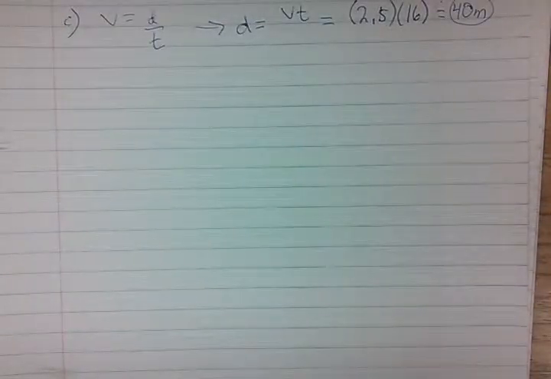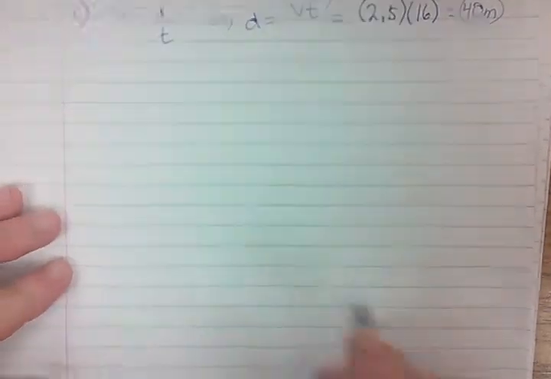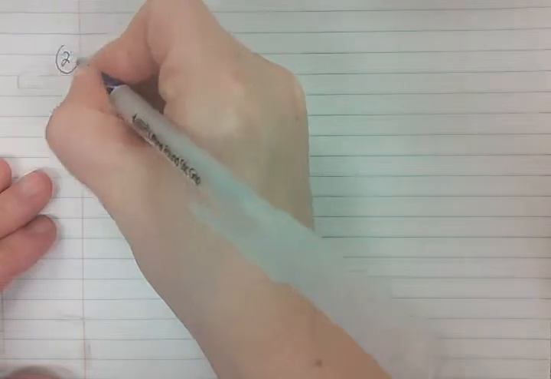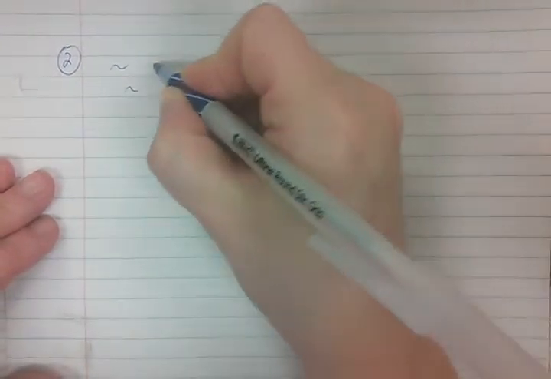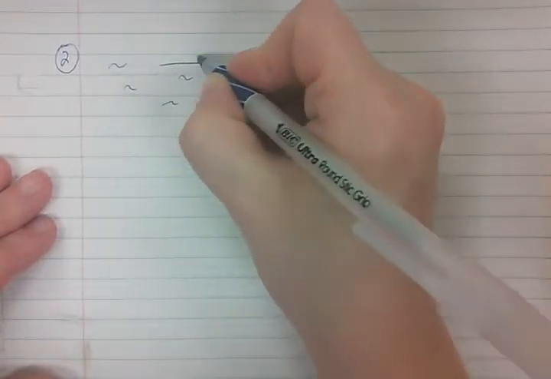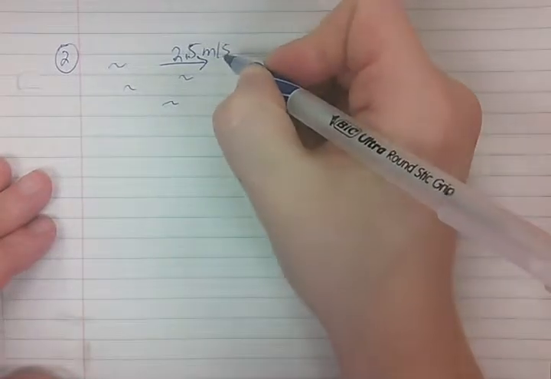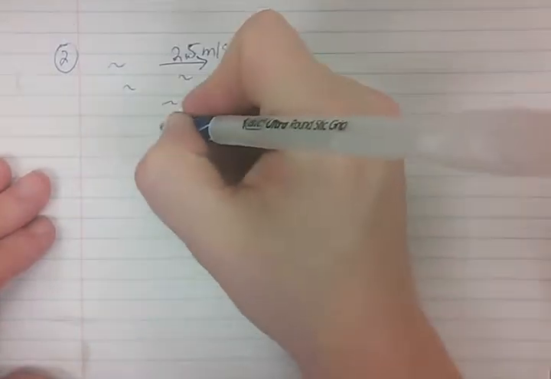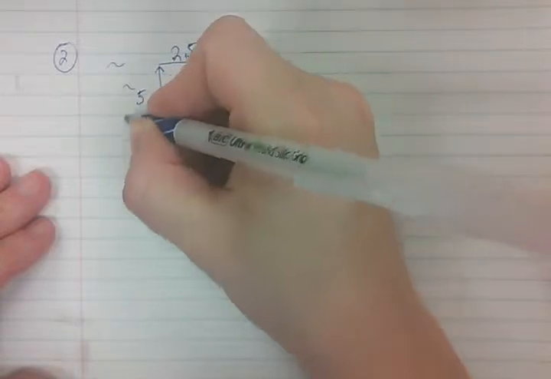However, we have to visualize it a little bit differently. In this problem, the current is traveling east. So the current is traveling east, 2.5 meters per second. And the motorboat is traveling north, so that would be that way. It's 5 meters per second.